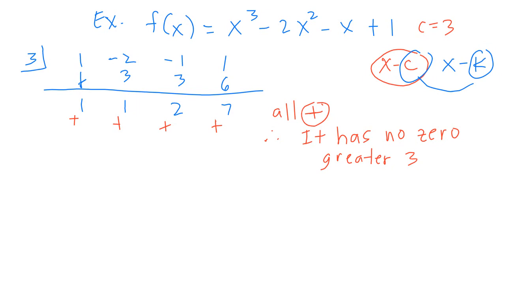It said that if c greater than 0, so our c here is 3, and all numbers in the bottom row of the synthetic division, so the bottom row would be this one, are positives or non-negatives, then f of x has no 0 greater than c. So it has no 0 greater than 3.